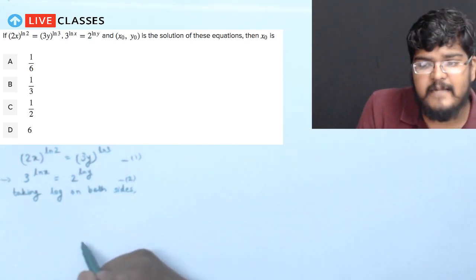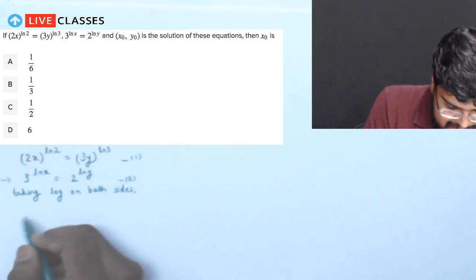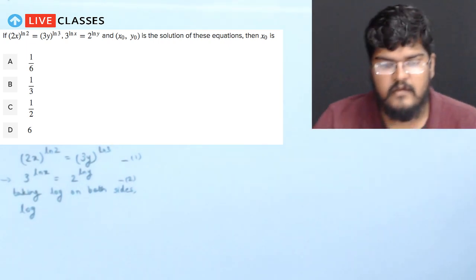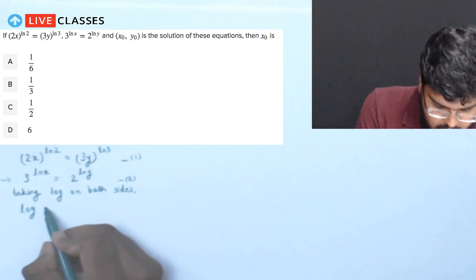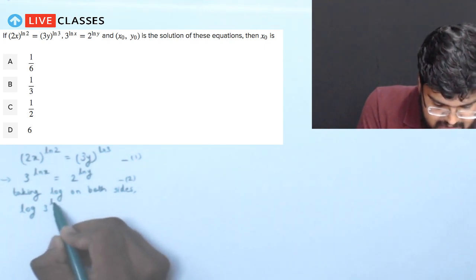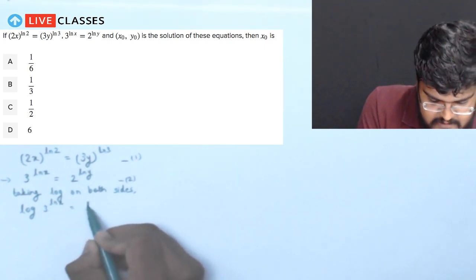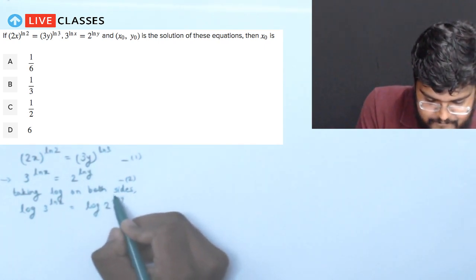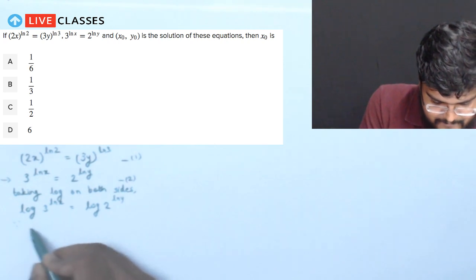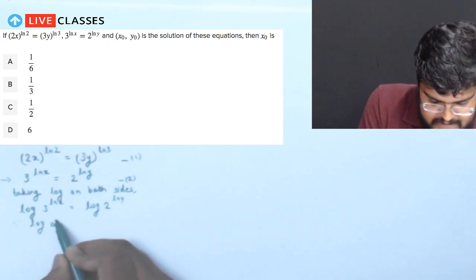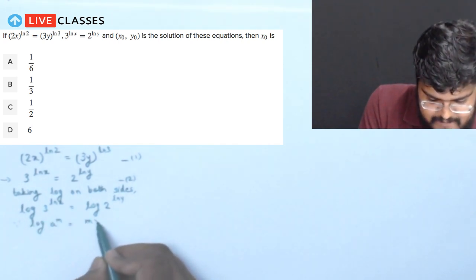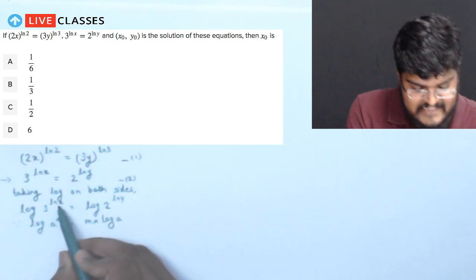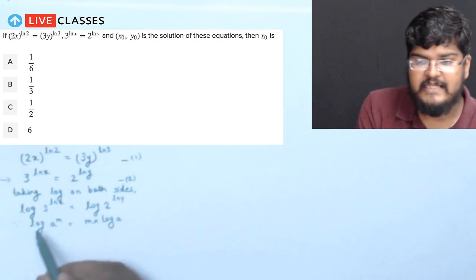If you start by taking log on both sides, what you will get is log of 3 raised to the power ln x actually equals log of 2 raised to the power ln y. We know that log of a raised to the power m is equal to m times log a, so we will simply bring these exponents of 3 and 2 in front of the logarithms.